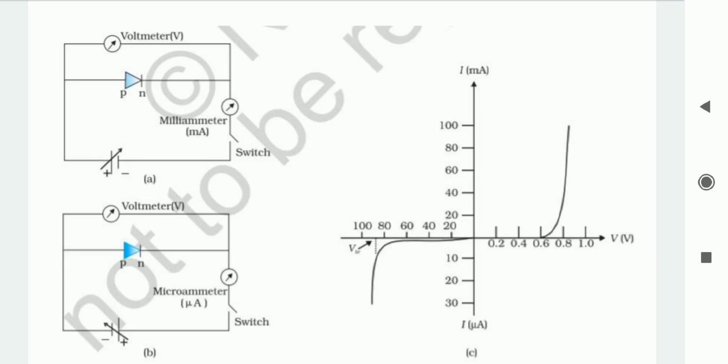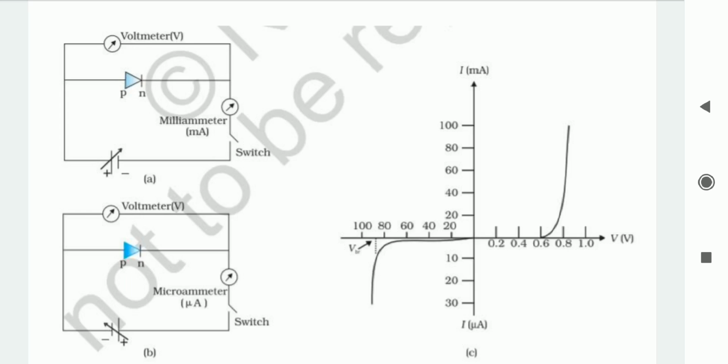Different values of the voltages we are going to note, and accordingly how much current will generate. So this data we are taking from the forward bias condition, and we are plotting these values on a graph, as you can see in diagram C, on the x-axis we are taking the voltage across the diode, and on the y-axis the current flowing through the diode.